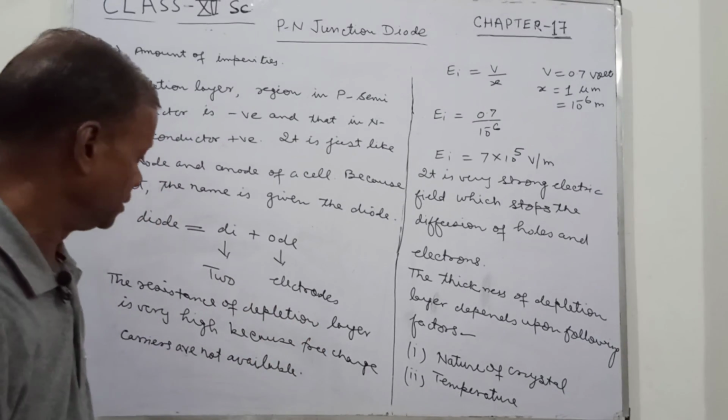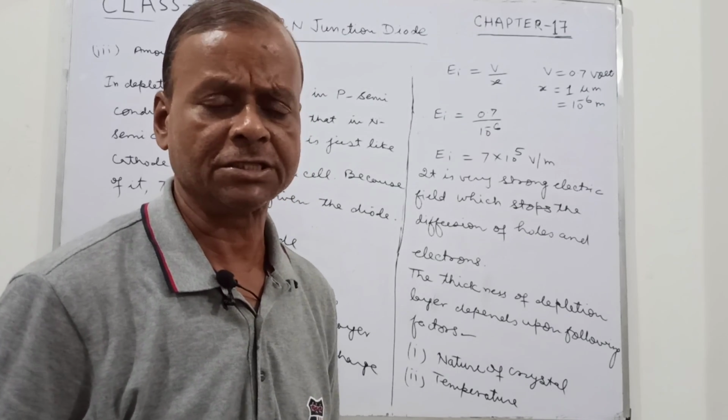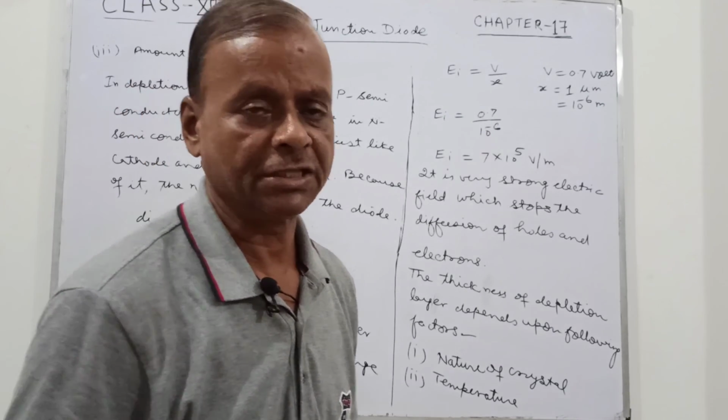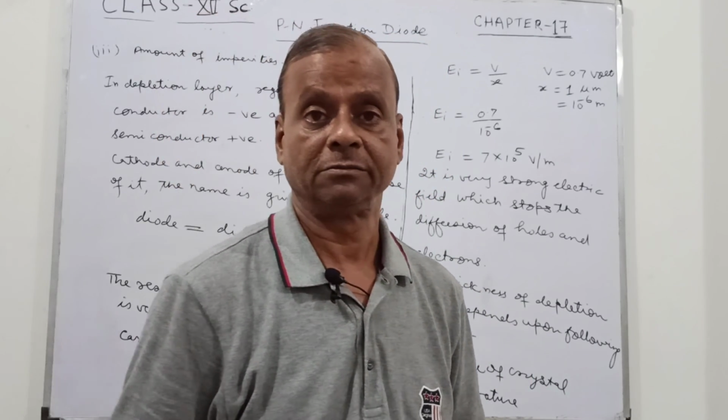So the resistance of the depletion layer is very high, or we can say that it behaves just like an insulator.